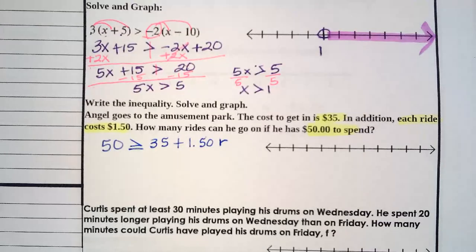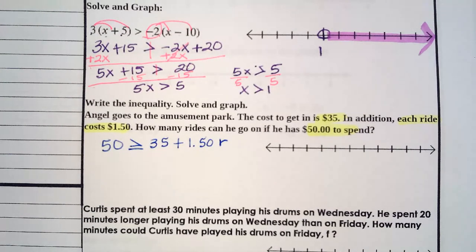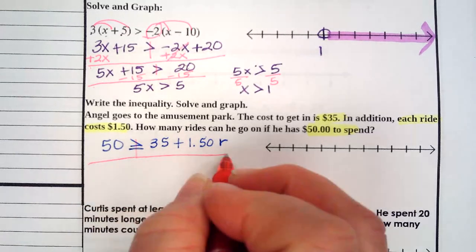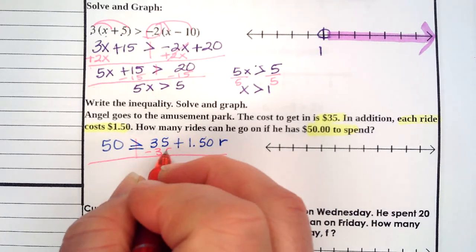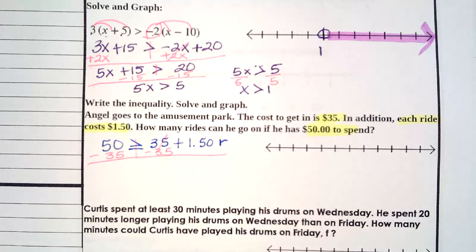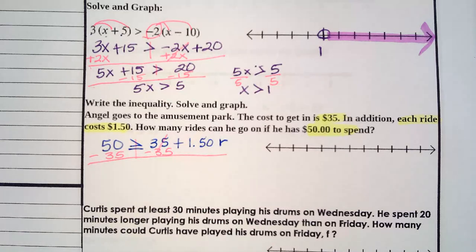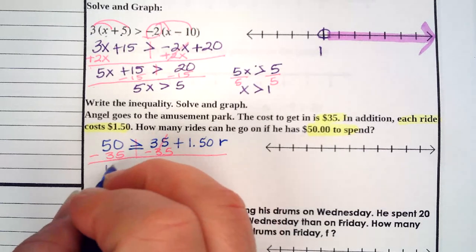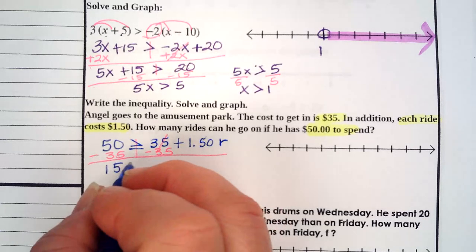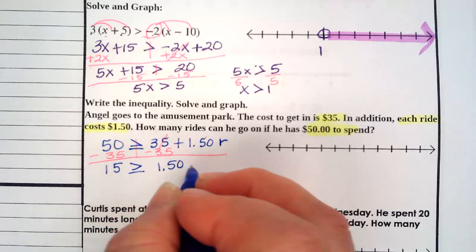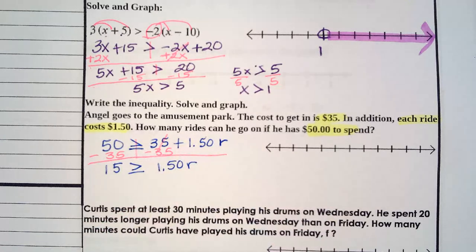So let's solve. Move the 35 over, so I will subtract 35 from both sides. $50 minus 35 is 15. 15 is greater than or equal to $1.50 times the number of rides.